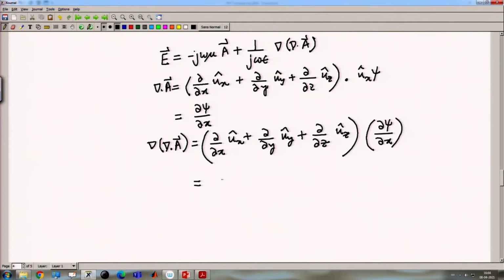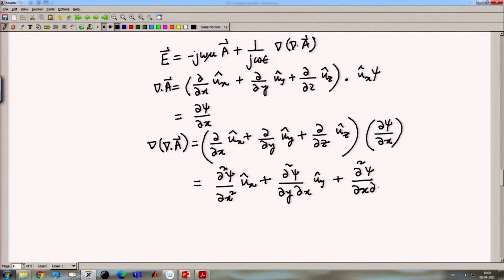So, that is del square psi del x square u x plus del square psi del y del x u y plus del square psi del x del z u z.